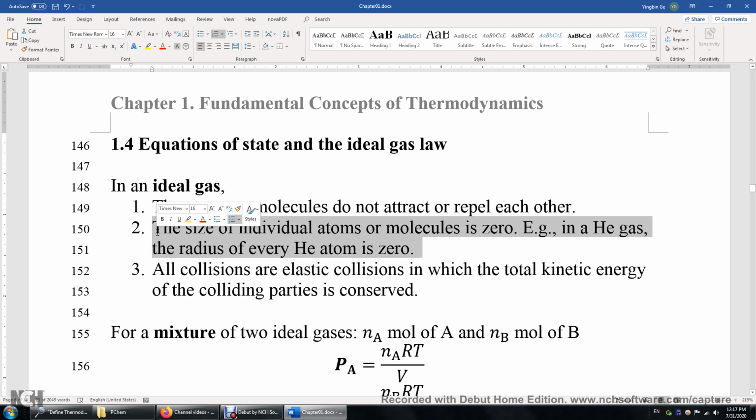So again, if the atoms and molecules occupy only 0.001% of the container and 99.999% of the volume of the container is void, then maybe we can say this is roughly true. Number 3, all collisions are elastic collisions. What does elastic collision mean? It means the total kinetic energy of all colliding parties is conserved.